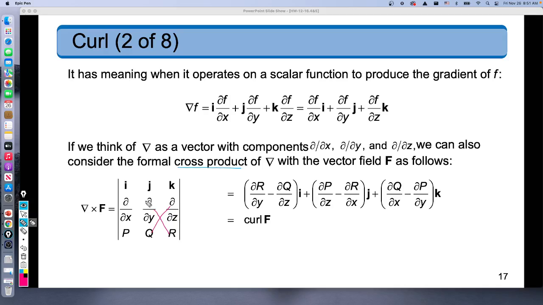For the j part, we're doing it with the x and the z, and so we have partial of x times r. Oh wait, this is the one someone had mentioned to us, that when we're crossing across this, think of this as a circle. So we're going from the k direction. So this crosses over to the p.